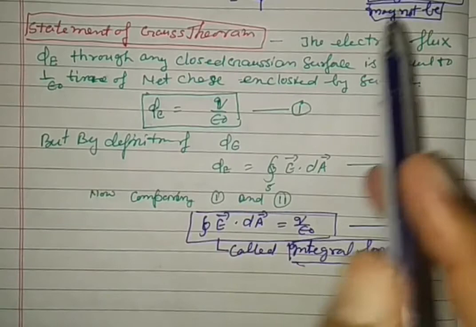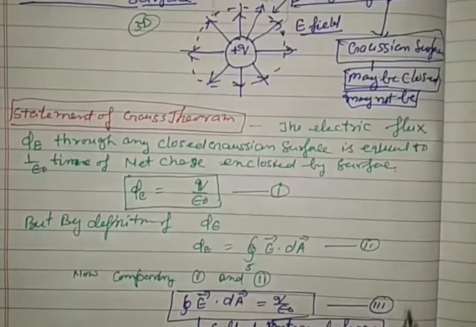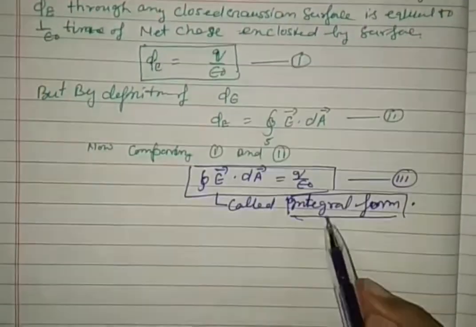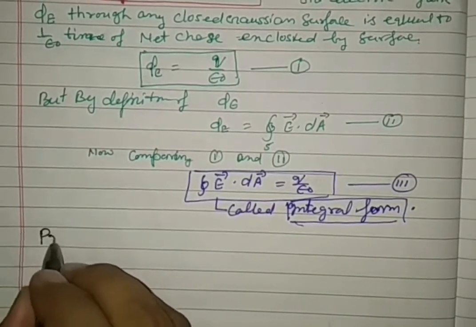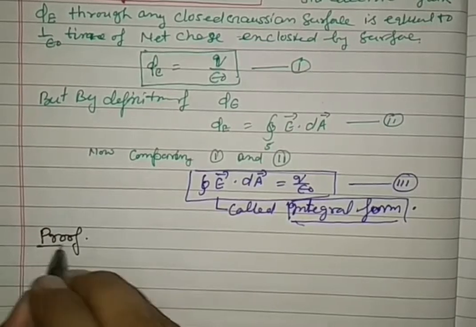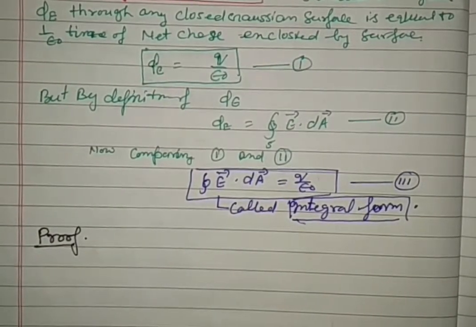Clear it is. So Gaussian surface we have seen, statement of Gauss theorem seen. Now we are going to see the proof of Gauss theorem.